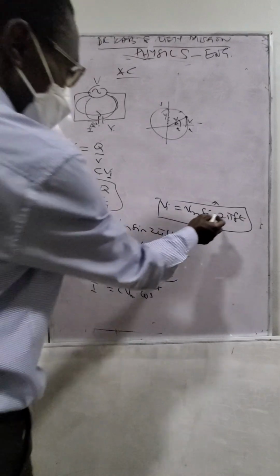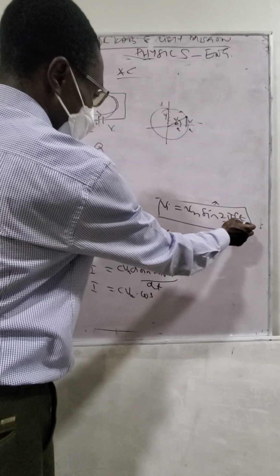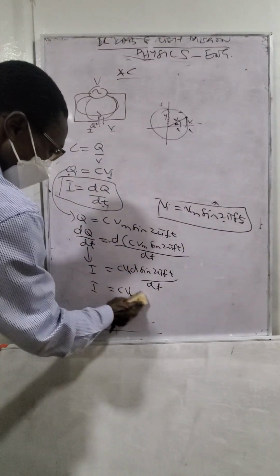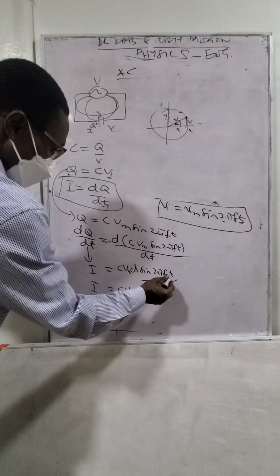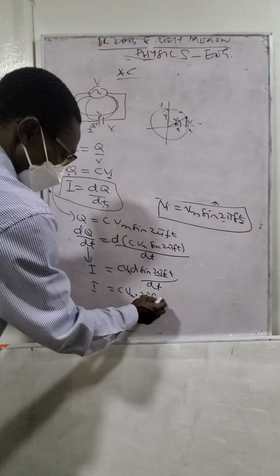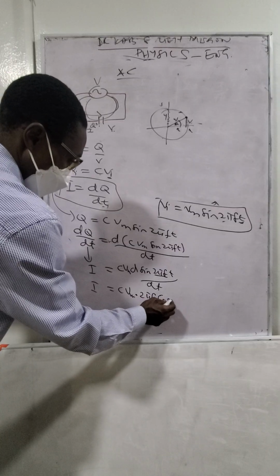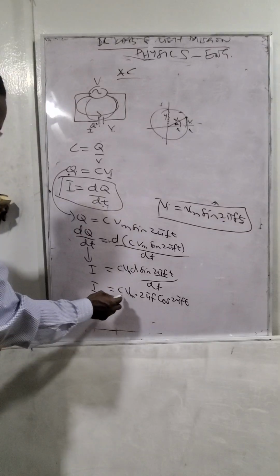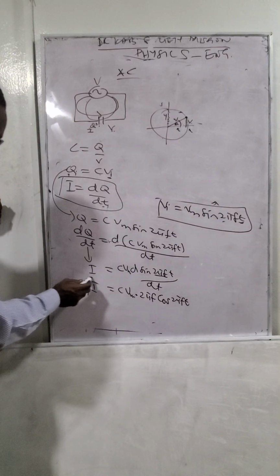So just as when you differentiate anything, the coefficient comes out. So the coefficient here, which is this one of t, comes out as 2 pi f, and then we have what? Cos 2 pi ft. Okay. So this is the equation.